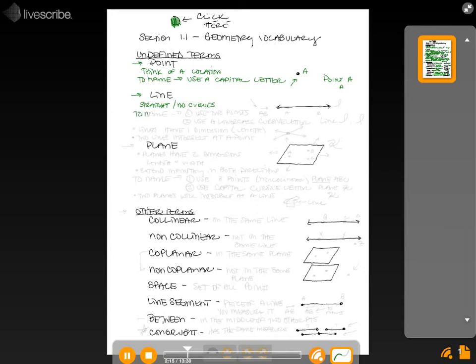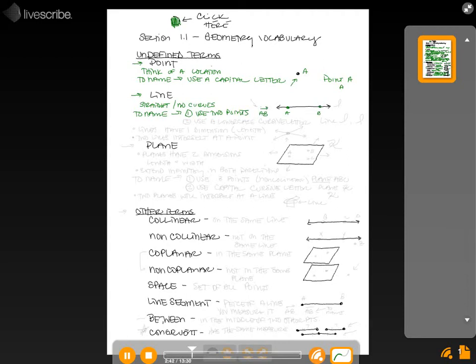To name a line, there's two ways to do this. Way number one is to use 2 points. Alright, so suppose we have point A and point B. We would use A and B, the 2 points on our line, and then we would draw a small line above them.